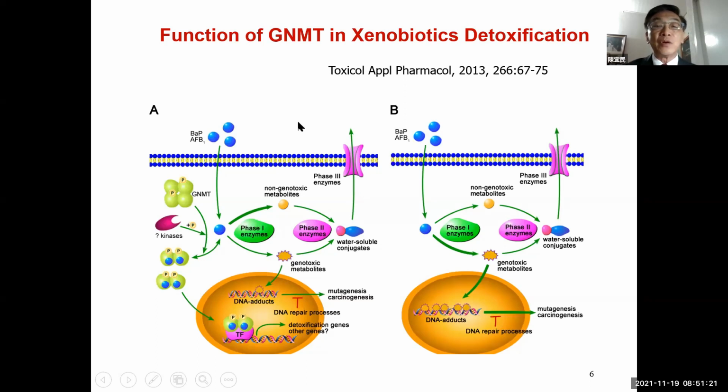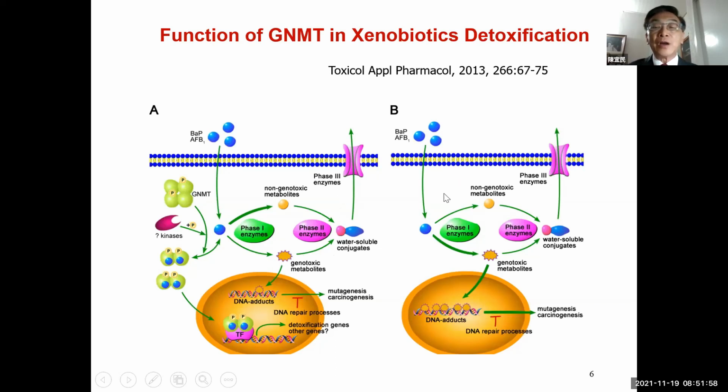In this review, we show the function of GNMT in the xenobiotic detoxification pathway. When GNMT is expressed abundantly in the cytosol, in the tetramer form, and benzopyrene or aflatoxin B1 carcinogens enter the liver cells, it will enhance the detoxification pathway and convert these carcinogens to non-genotoxic metabolites, and then pump them out through these phase 2 and phase 3 enzymes.